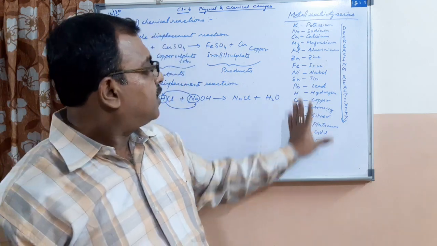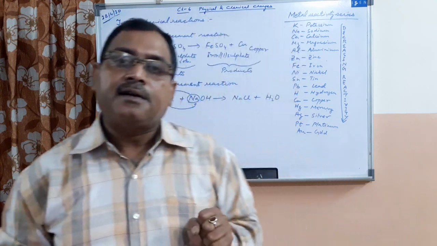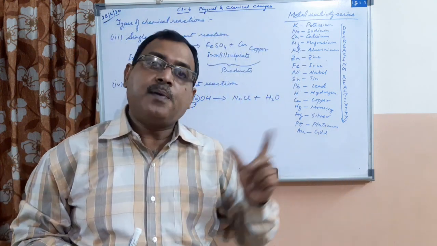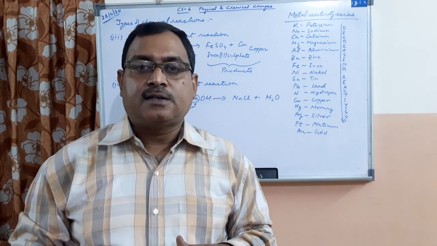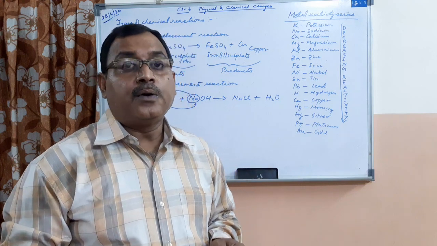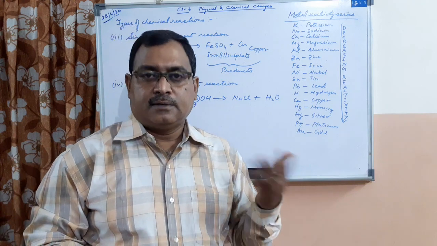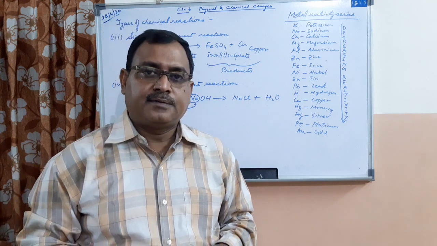Understood? So if you remember this metal reactivity series, you can easily understand which metal is more reactive and which is not. And accordingly, you can write your own equations by your own understanding. Okay?